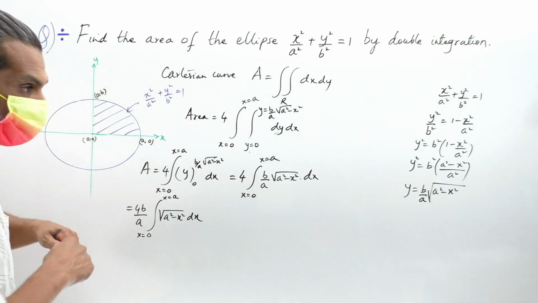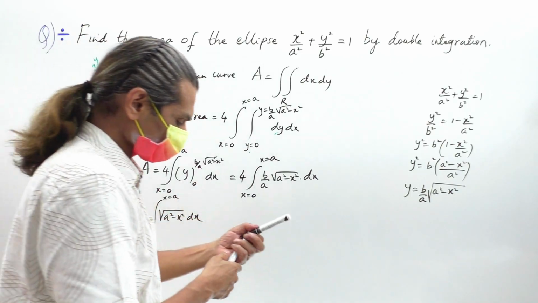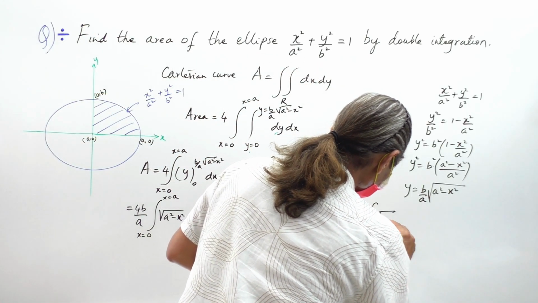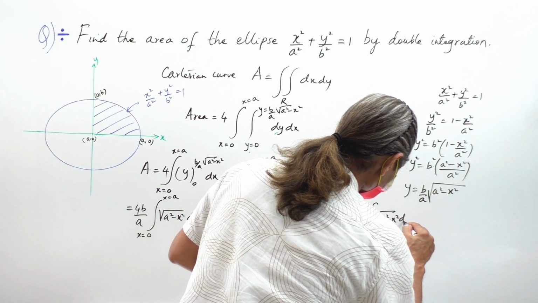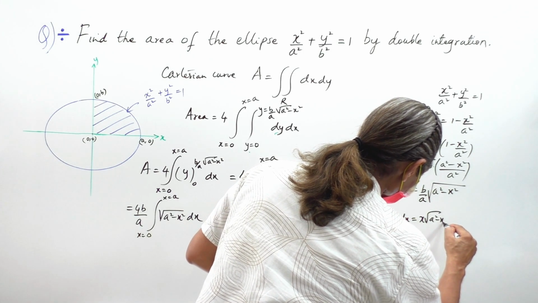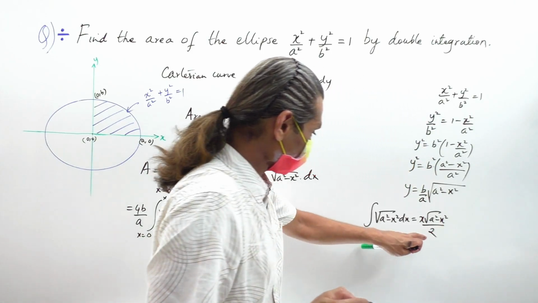Write the formula here. The integration of root of a square minus x square dx equals x root of a square minus x square over 2. Remember this very carefully.